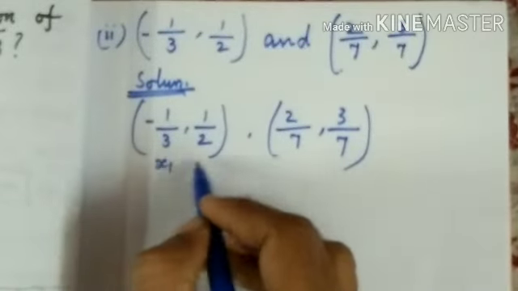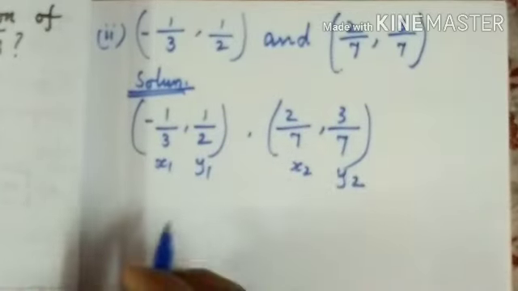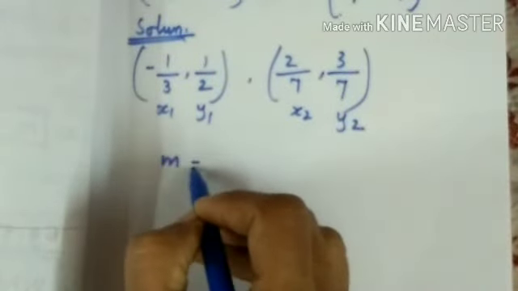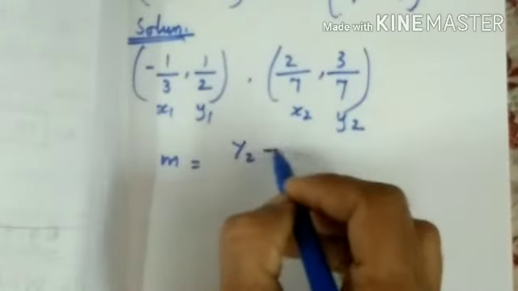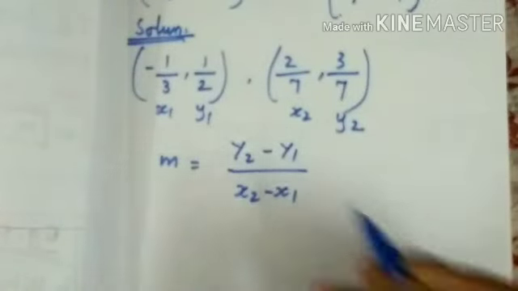This one is x1, y1, x2, y2. Now you write the formula. Slope of the line m is equal to y2 minus y1 by x2 minus x1.